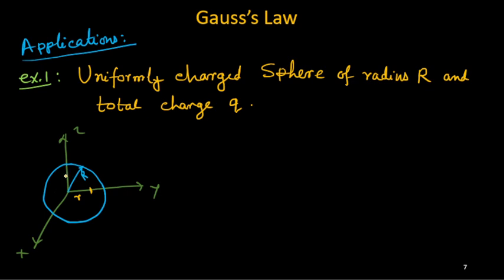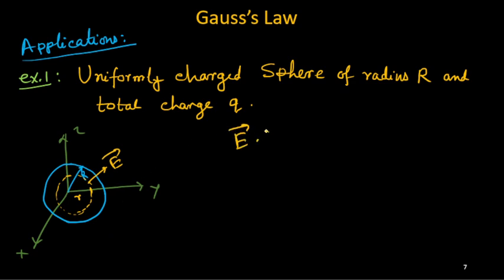So I will consider a sphere around the origin with radius small r. This is my Gaussian surface, and the electric field is, suppose, E at this point.